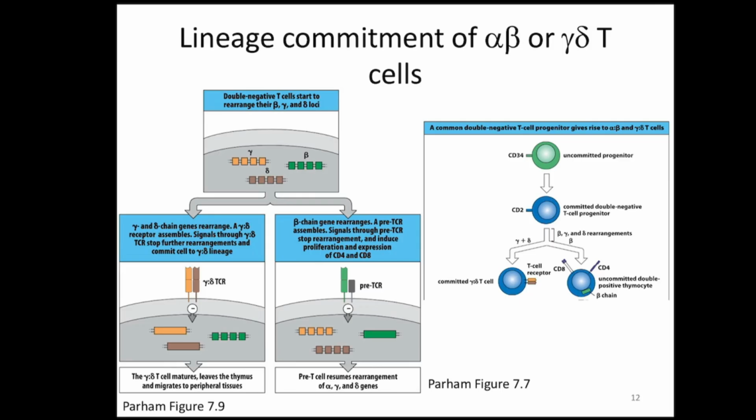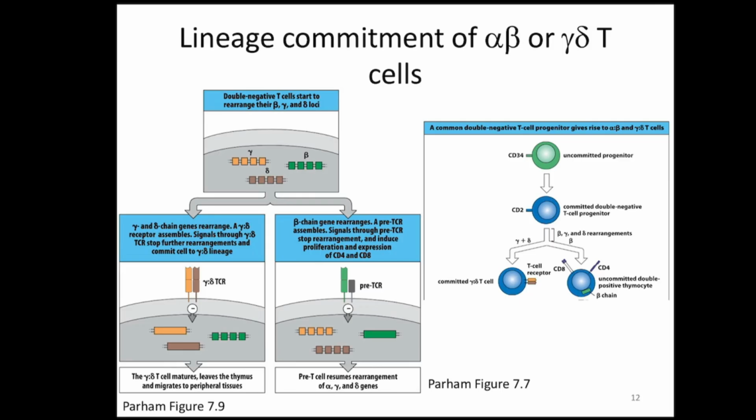And really, it's a race. If the cell gets a successful gamma and a successful delta first, those end up on the cell surface and they allelically exclude further beta, gamma, and delta rearrangements.